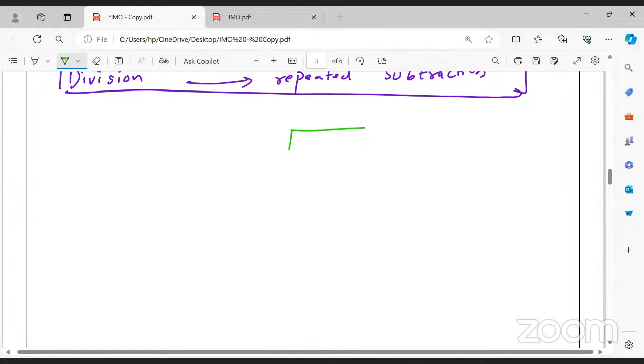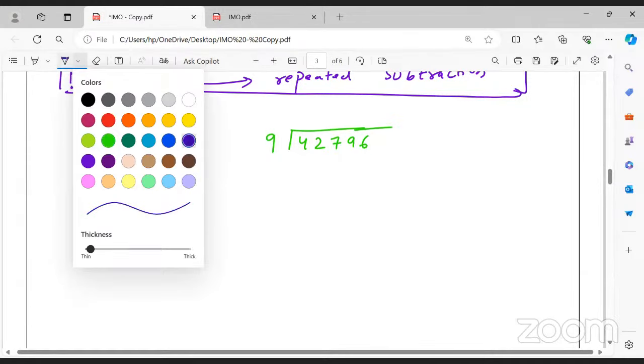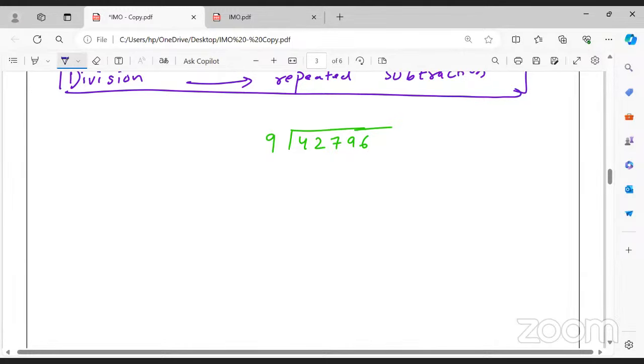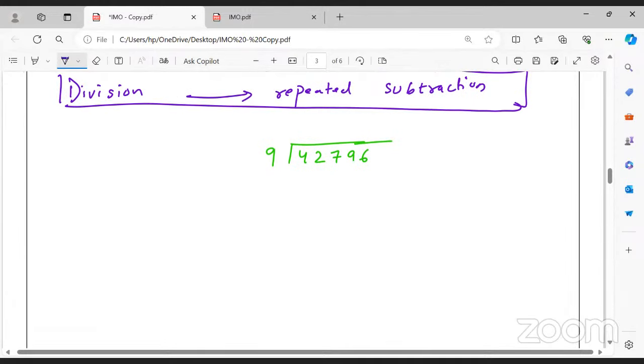Division is like a family member because if I give you a number, 42796, you have to divide this number by 9. Now the number 42,796 is your dividend and 9 is your divisor, right? Please pay attention. Do not chat because this is something interesting.